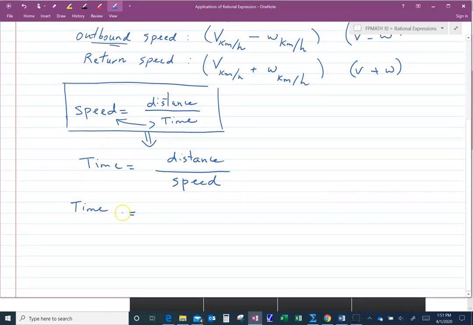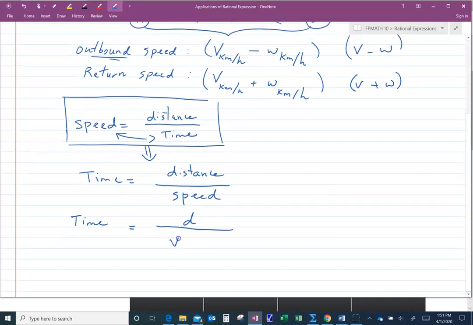So the total time will be the distance, we call it d, that's the distance between the two, divided by the outbound speed, which is v minus w. That's the total time, by the way, t total.